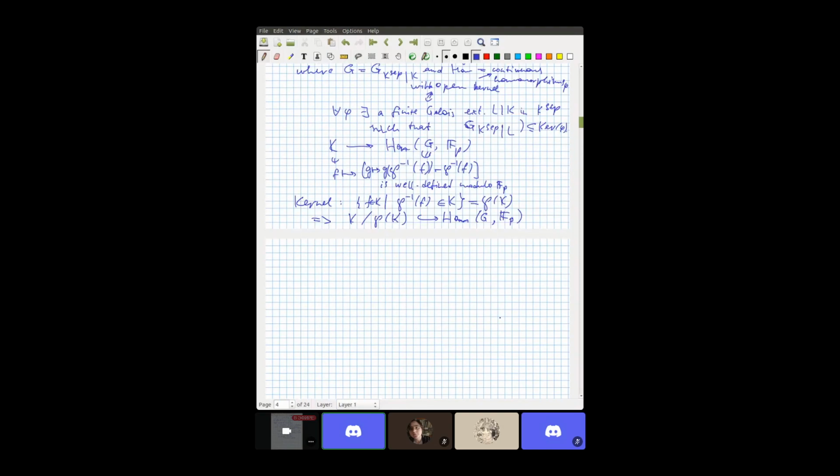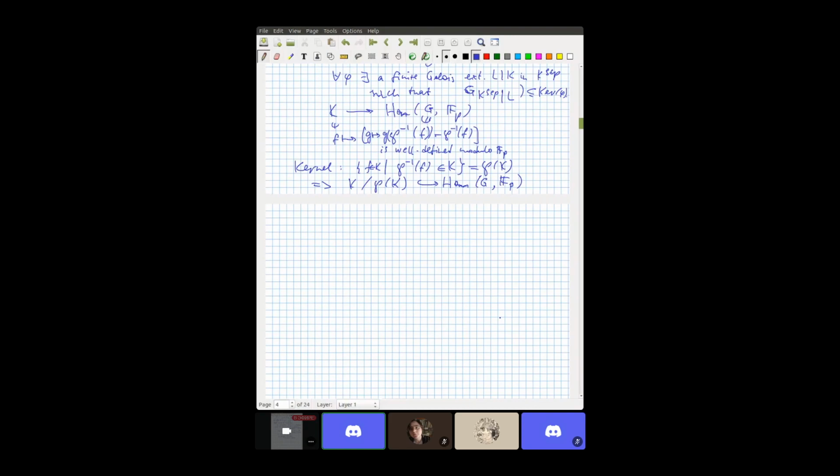Okay, now to prove surjectivity, we actually need something which is sometimes called additive Hilbert theorem 90.